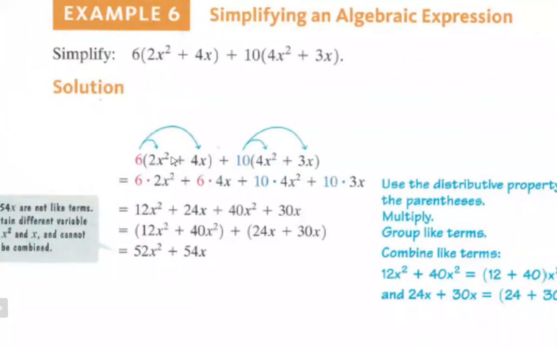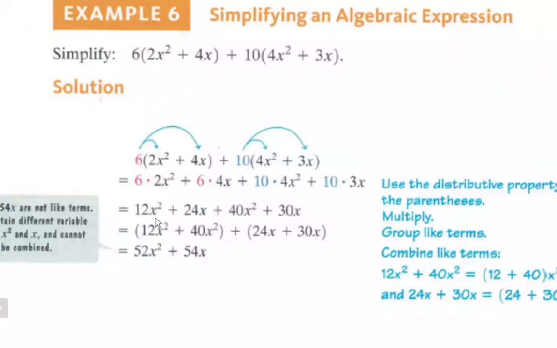Now in this case, this is 2x squared. So 6 times 2x squared plus 6 times 4x, and then 10 times 4x squared plus 10 times 3x. So 6 times that gives you 12x squared, 6 times that gives you 24x, 10 times 4x squared gives you 40x squared, 10 times 3x is 30x.